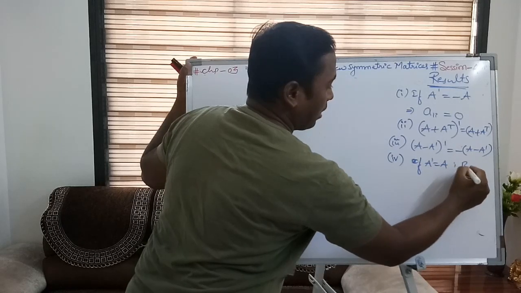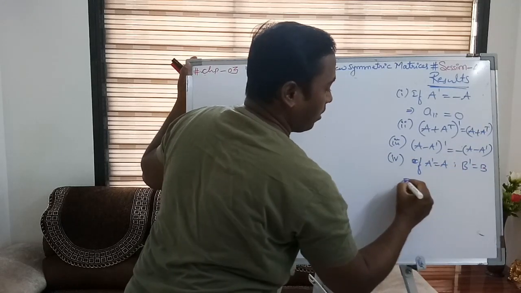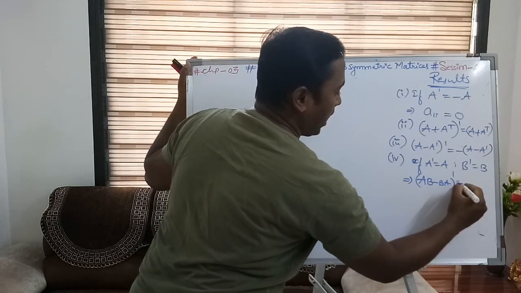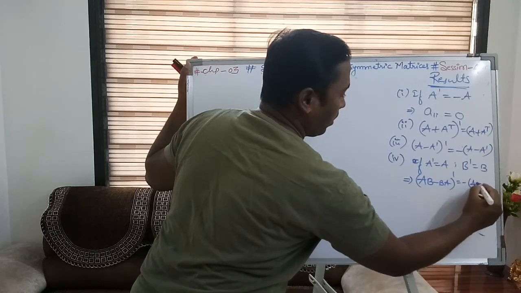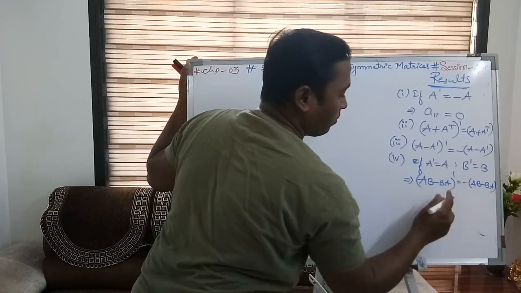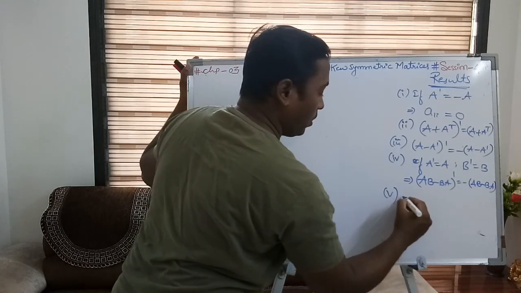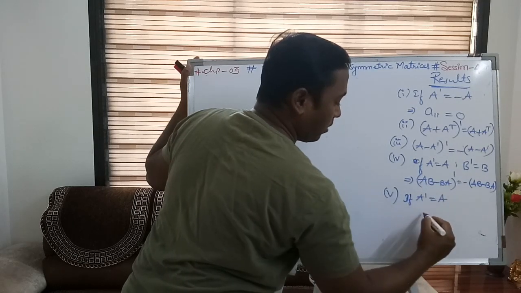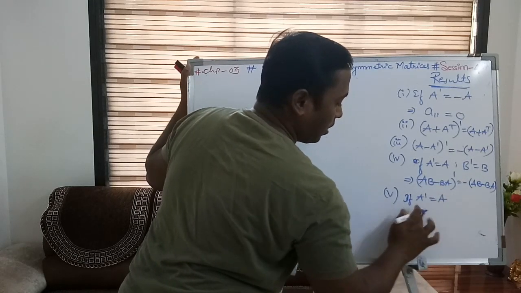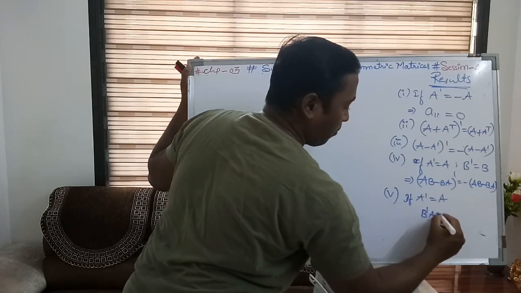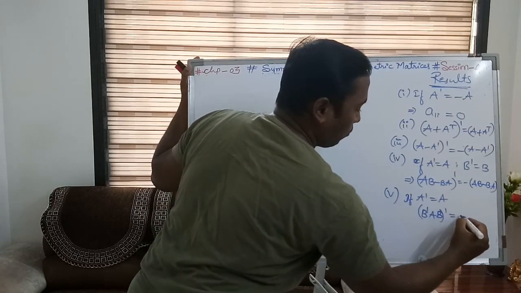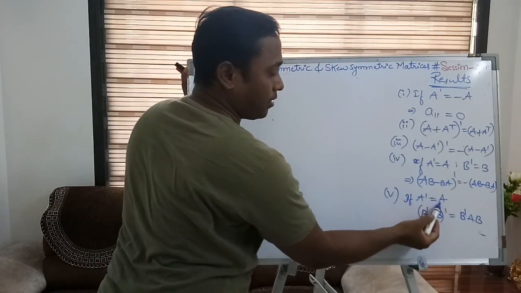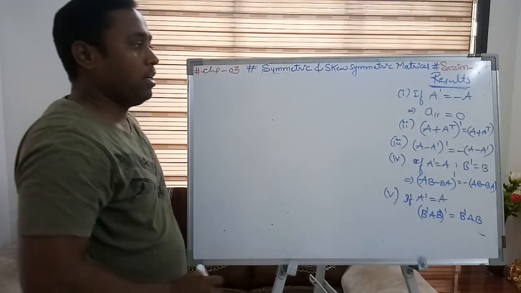The fourth one, we have proved that if A dash is equal to A and B dash is equal to B, it implies that AB minus BA whole dash is equal to minus of AB minus BA, which is skew symmetric. And the last one was, if A dash is equal to A, then B dash A B whole dash is equal to B dash A B. In the same way, if A dash is minus A, this will be equal to minus.